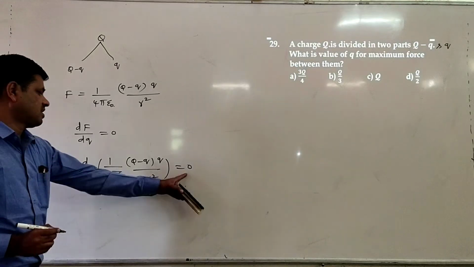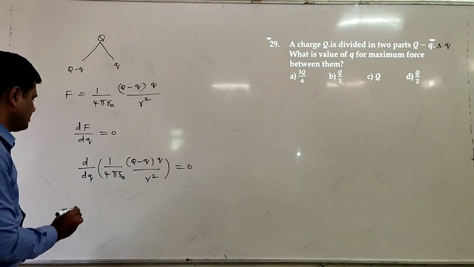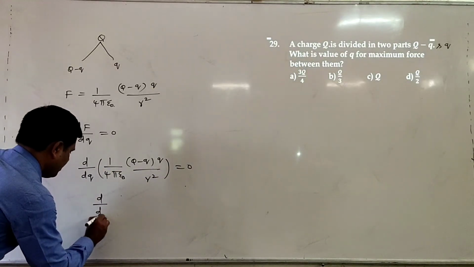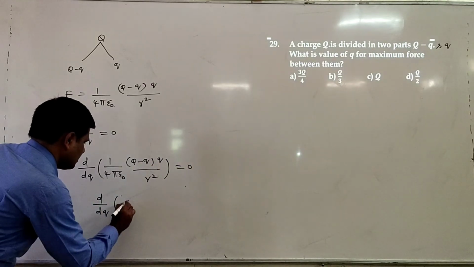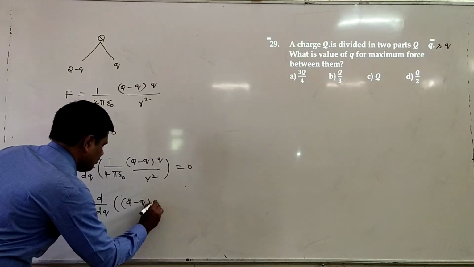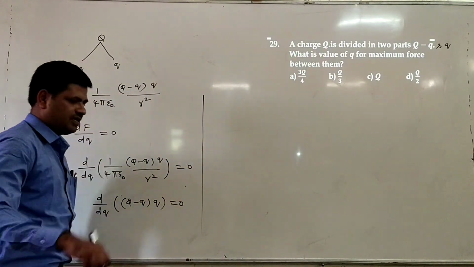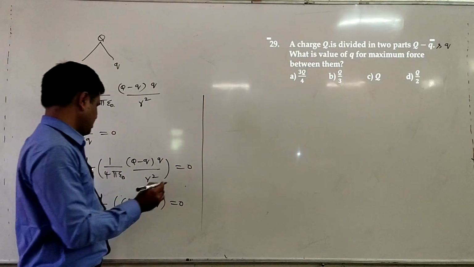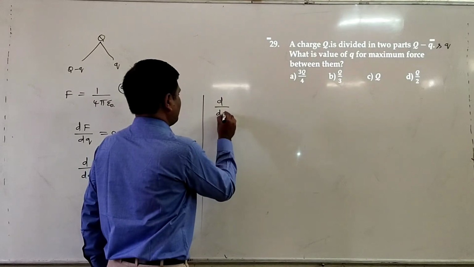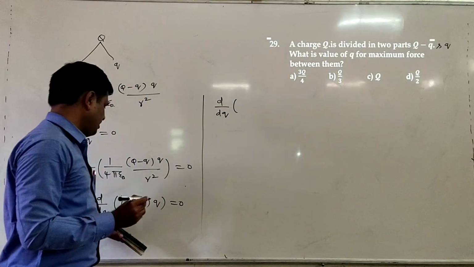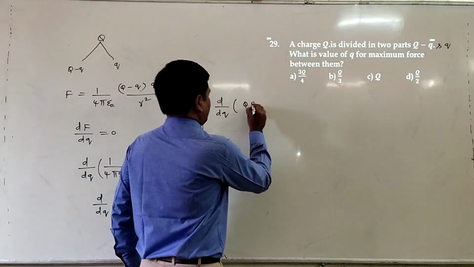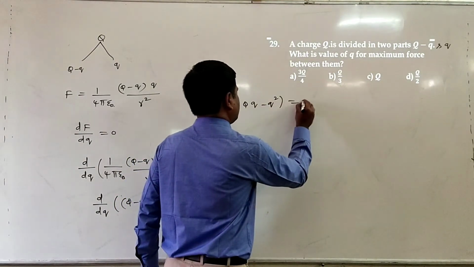Now 1 by 4 pi epsilon naught and R square are constants. Remaining is d by dq of Q minus q into q equal to 0. Now I am making the differentiation. d by dq of Qq minus q square equal to 0.